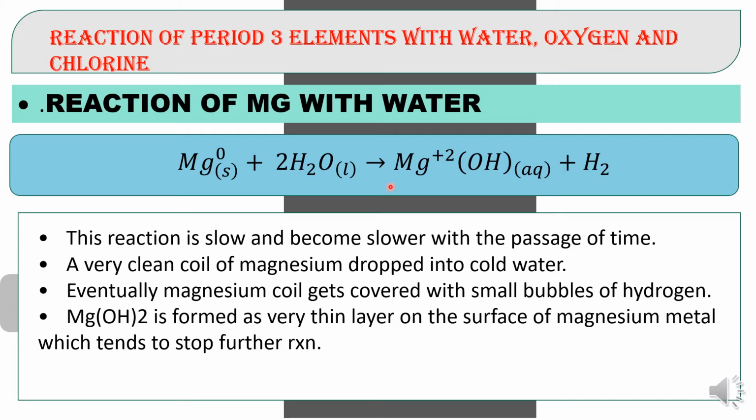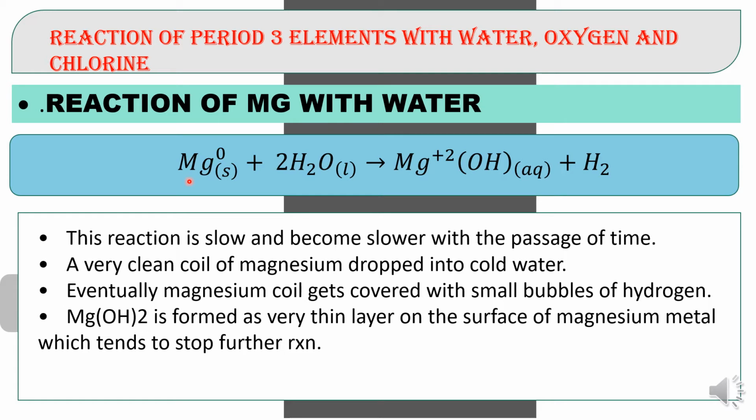Now the question arises that why this reaction is very slow. The reaction is slow because magnesium hydroxide solubility is less than that of sodium hydroxide. Okay, this is why magnesium hydroxide is also called weak base. Magnesium metallic character is lower than that of sodium, due to which magnesium ionization energy is greater than that of sodium.